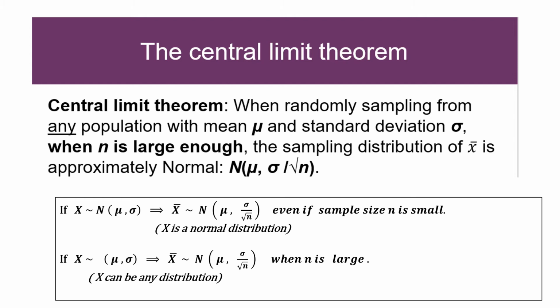So whatever be the case, when you do problems in this particular chapter, you always remember that x bar is always normal with mean mu standard deviation sigma by square root of n. You will be given problems satisfying these conditions. So you just remember that x bar follows a normal distribution with mean mu standard deviation sigma by square root of n.